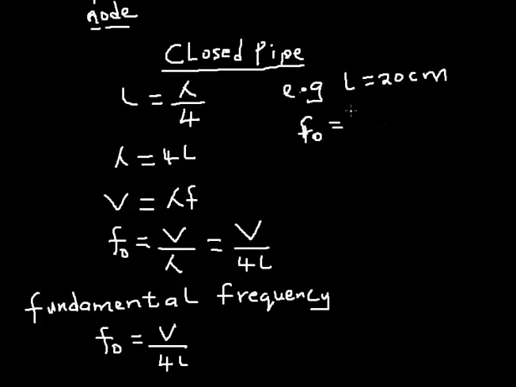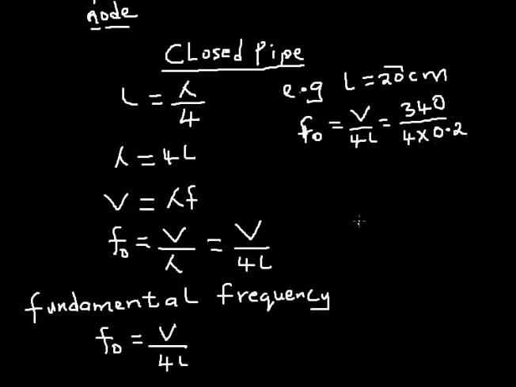All I just need to do is evaluate V all over 4L. Velocity of sound in air is approximately 340 meters per second, or 320 approximation. Then 4 times the length of the air column, 20 cm, convert it to meter. That should give me 0.2 meter.